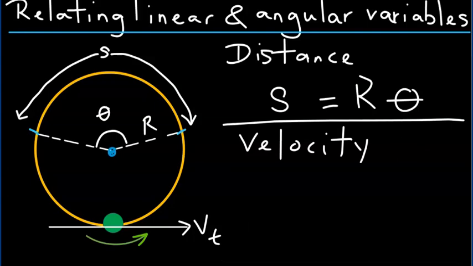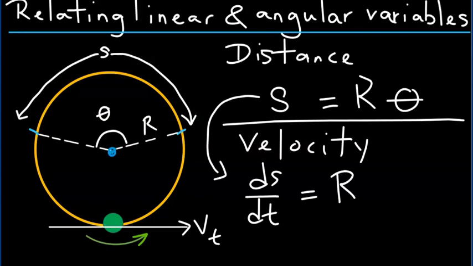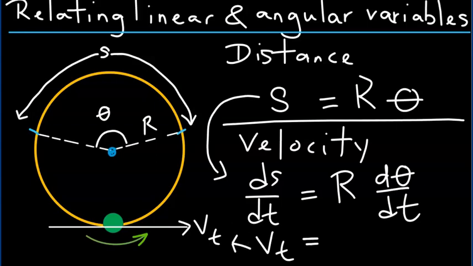We can obtain the answer by differentiating that expression with respect to time. So ds/dt equals r, a constant, times d theta/dt. You see that ds/dt is the linear velocity, and it equals r times d theta/dt, the angular velocity of this object for this rotational motion.